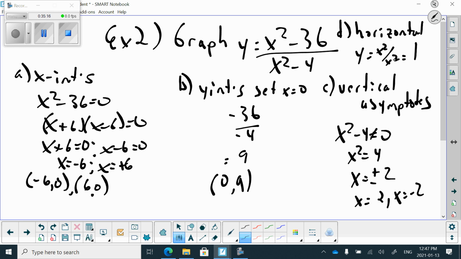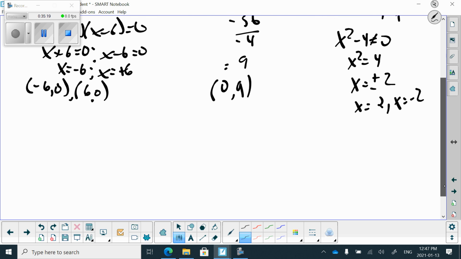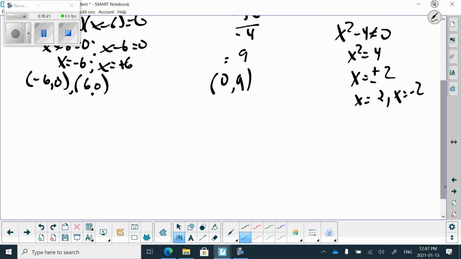Okay, let's do the sign analysis. And again, the sign analysis has all the terms factored in. So what's our numerator factor? What's our denominator factor?